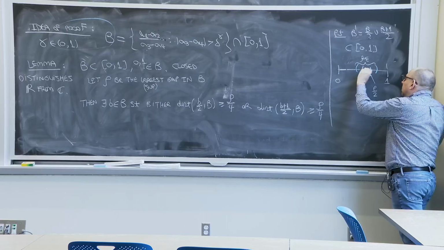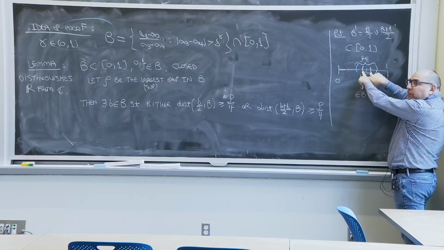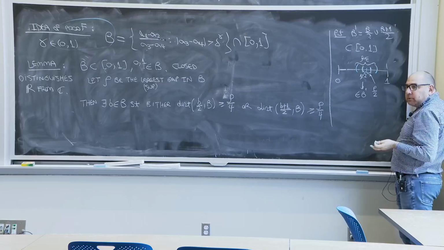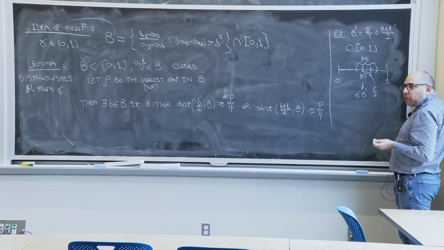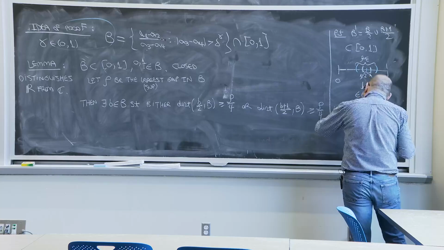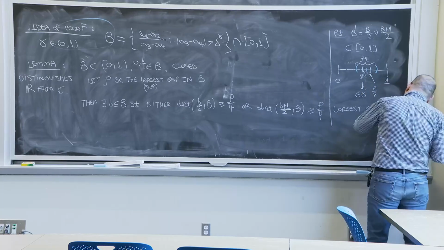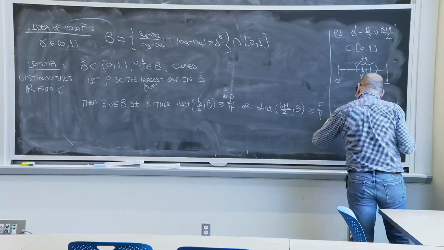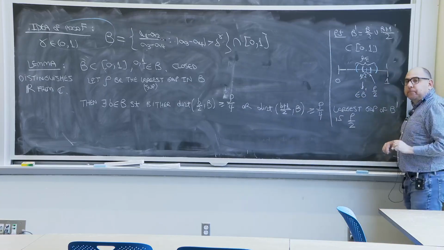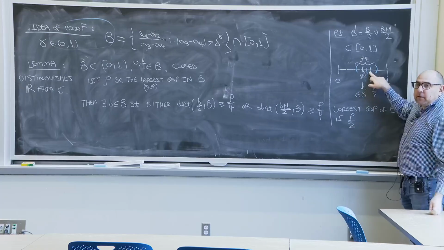Maybe a closed interval. This closed interval contains an element of B prime, because the largest gap of B prime is rho over 2. That means that any interval of length rho over 2 contains a point in B prime. OK, so maybe let's write this down. So largest gap, so this interval contains a point in B prime.